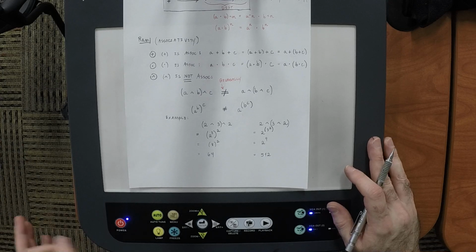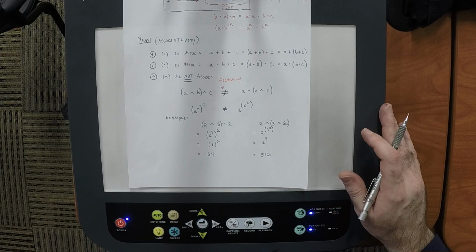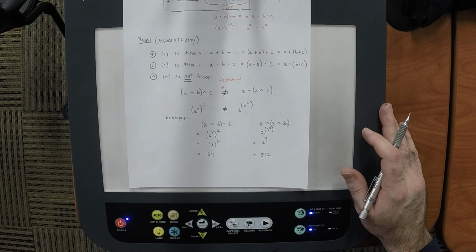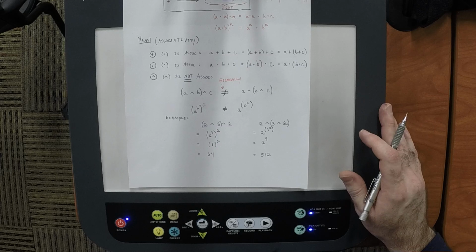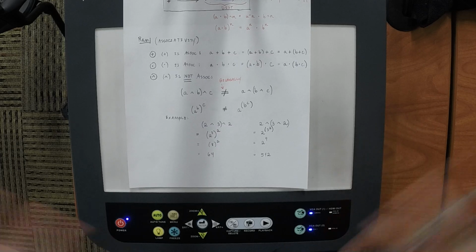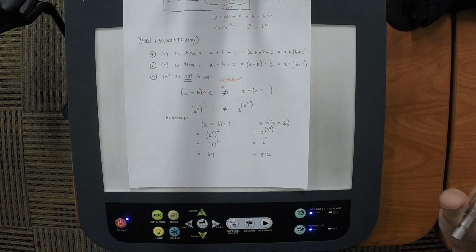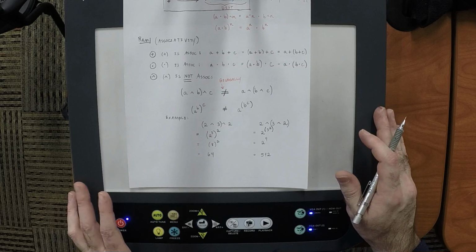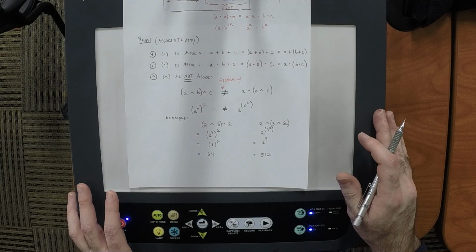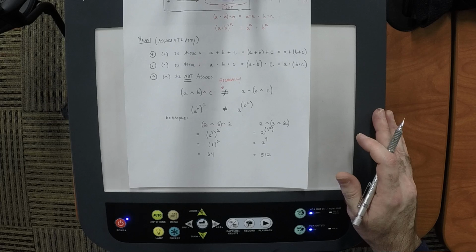For this class, it would be really good if you memorized all squares up to 25, which is to say you should know 0 squared, 1 squared, 2 squared, 3 squared, 4 squared, 5 squared, all the way up to 25 squared. You should just know them. Those are the things you should just know. Similarly, you should know powers of 2 probably all the way up to 10. Even further would be better.